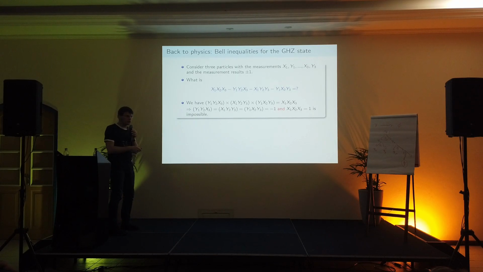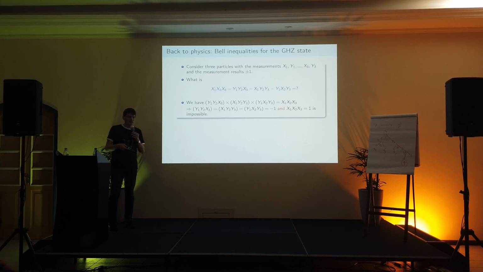So it's just algebraically impossible for numbers plus or minus 1, because of this relation. That means this thing cannot be 4. The values are always plus or minus 1, so the best we can have is 2, because one of them must be minus 1.